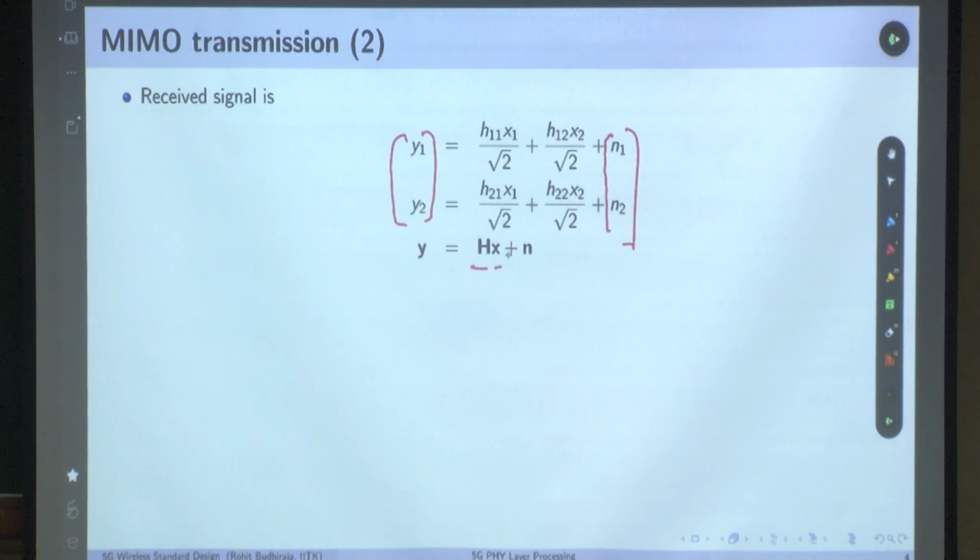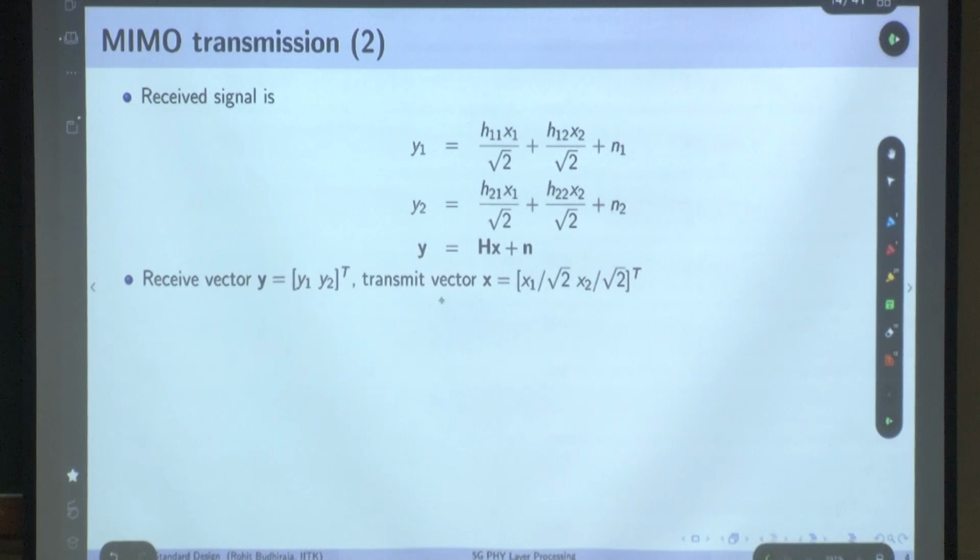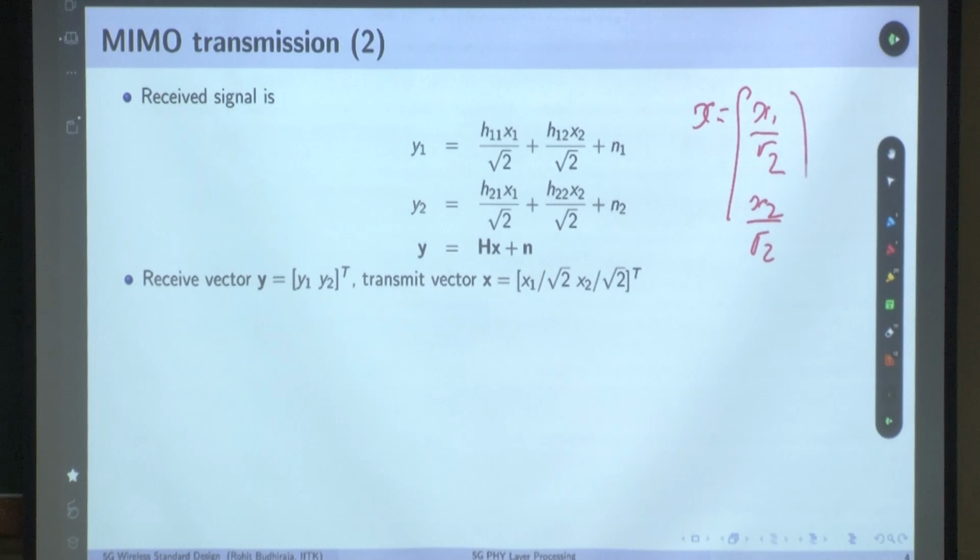If you are looking at this for the first time, it is slightly twisted. If I define vector x, it will come here. I define vector x as x1 by root 2, x2 by root 2, transposed. I have defined the vector like this.